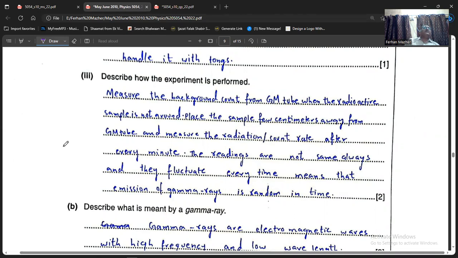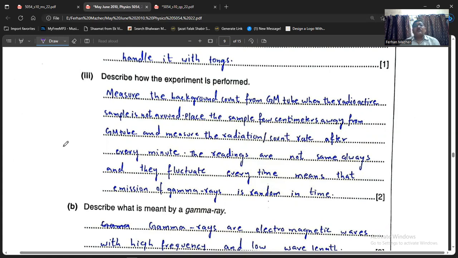So you will use the GM tube and note down the reading, for example, after 5 minutes or after 2 minutes or after 1 minute. You will observe that the reading on the GM tube will be fluctuating. Sometimes it will be more, sometimes less, which shows that the emission of the gamma rays from that radioactive isotope is a random process.